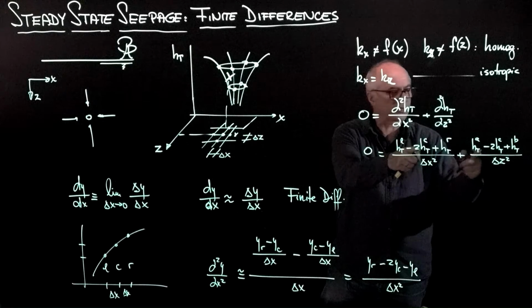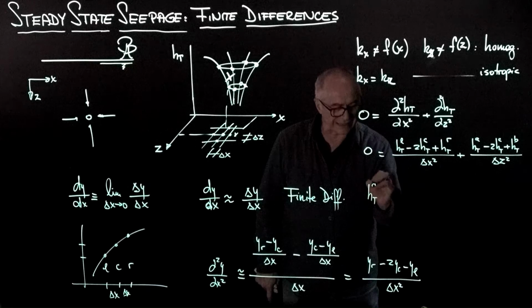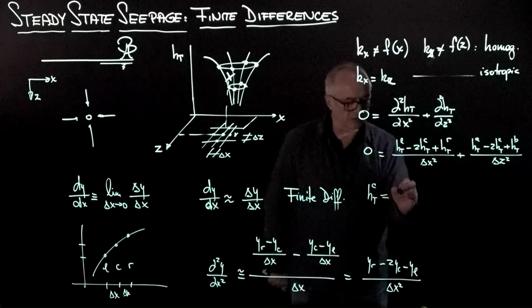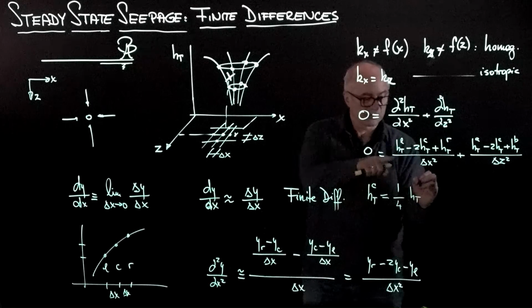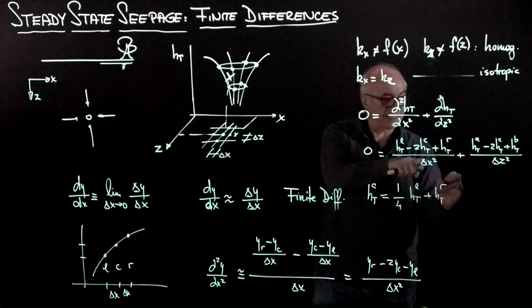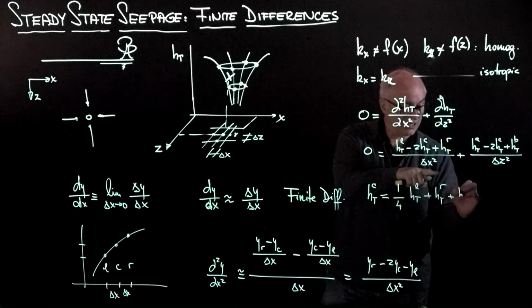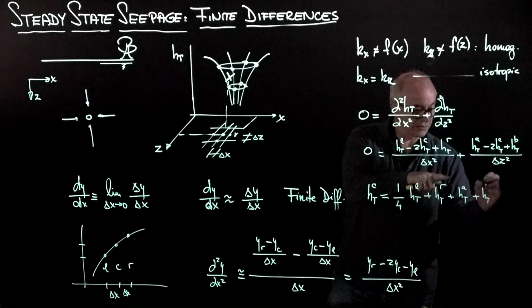Notice that I have 2 here and 2 there, so now I conclude that h total at the center is equal to 1/4 of h total to the left plus h total to the right plus h total above plus h total below.